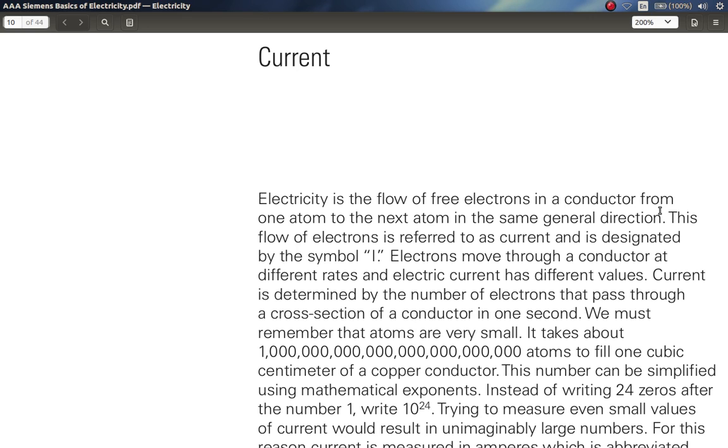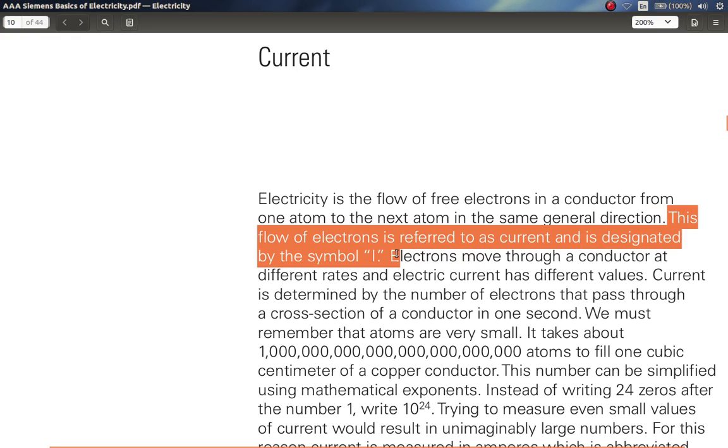Now you can have them move in a general direction by connecting the conductor to a source, such as a battery or a generator. Now this flow of electricity, this flow of electrons, is referred to as a current and is designated by the symbol I.